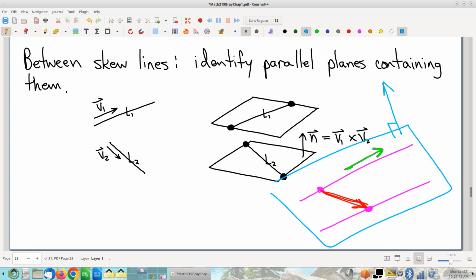Right, and then let's see here. What are we going to do with that? And then I could cross these two to get the perpendicular vector, and then there you go. So you see, it's a game, right? You've got to look at the geometry, think about the moves that you have, the tools you have in your toolbox, and just keep playing the game until you win the game.